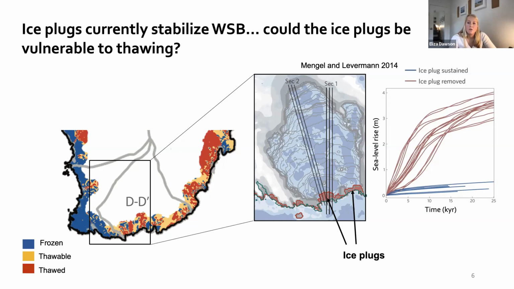And they also show that if they're removed, which you can see by the red lines in the figure on the right, that this could result in a lot of Wilkes Basin becoming vulnerable to retreat. So I think this leads to an interesting question, which is, what is the basal thermal state of the ice plugs? And could thawing be a way to potentially remove them?